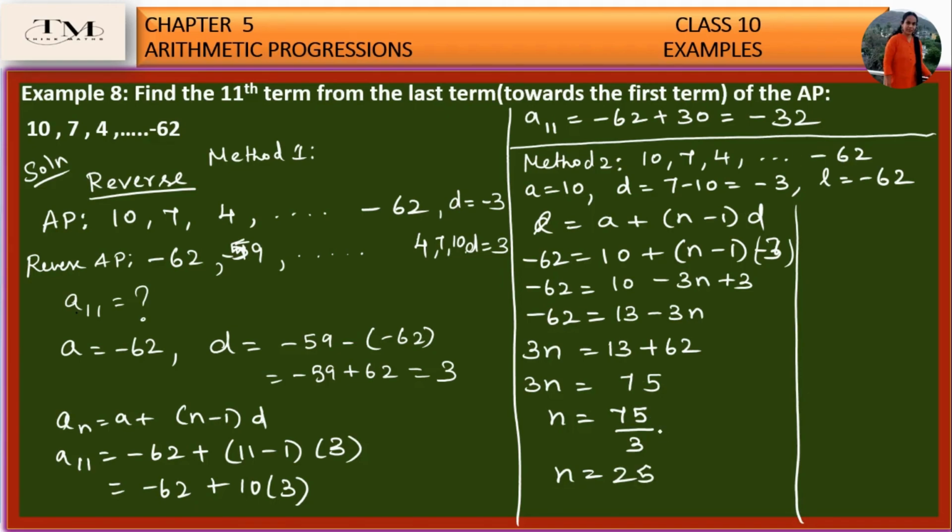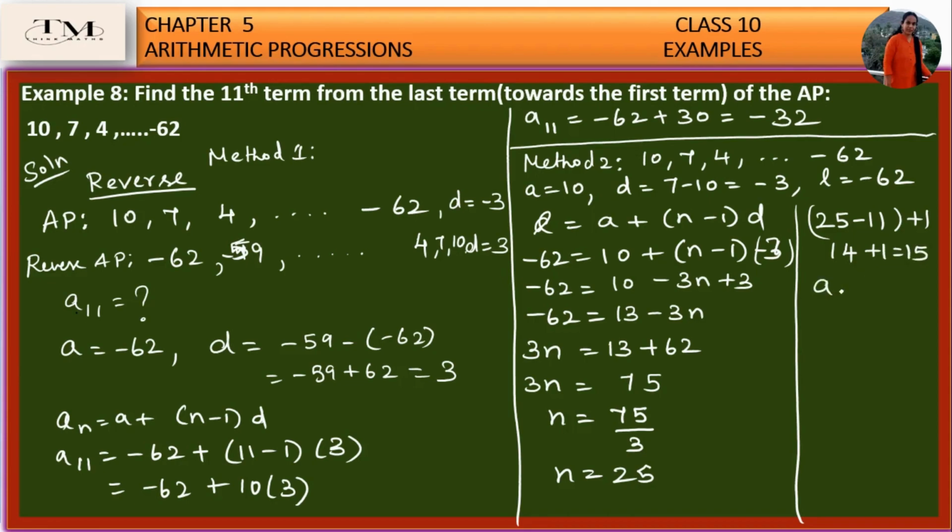So if you want the 11th term from the last term, we should subtract 25 minus 11 and add 1 to it. So this is the logic to find the 11th term from the last term. Okay, so it will be 25 minus 11 is 14, plus 1, which is equal to 15.